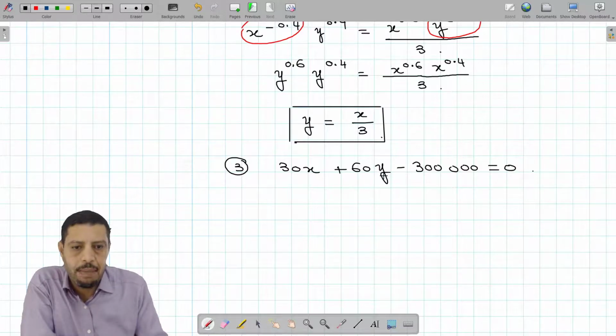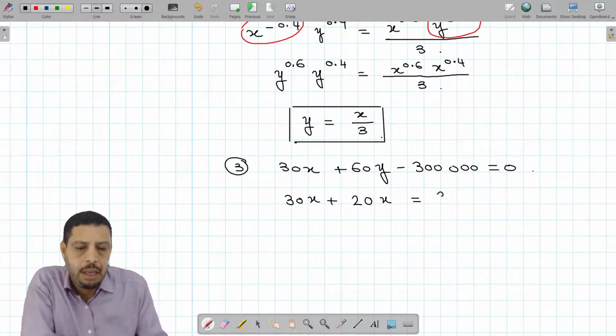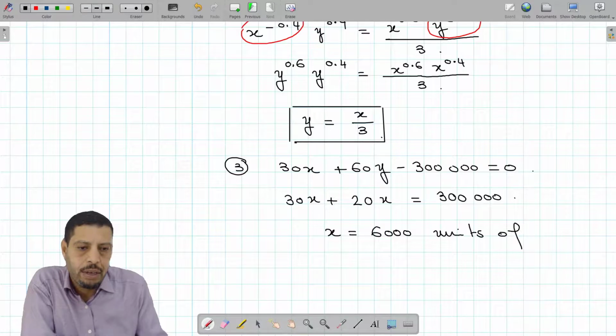If you substitute the y by its expression, you will get 30x plus 60 times x over 3. It means plus 20x equals 300 thousand. Okay, which means that 50x equals 300,000, which means that x equals 6,000. So you're going to use 6,000 units of labor to maximize your production.